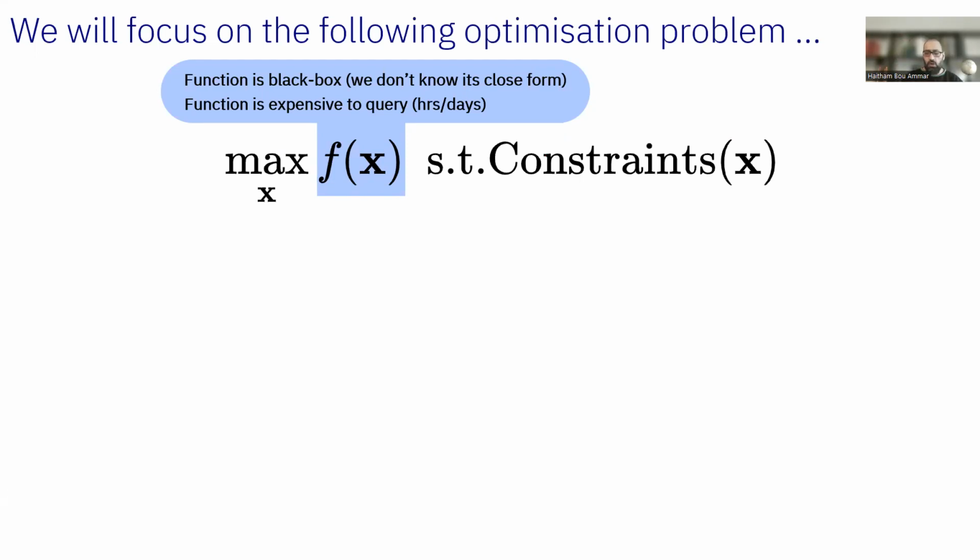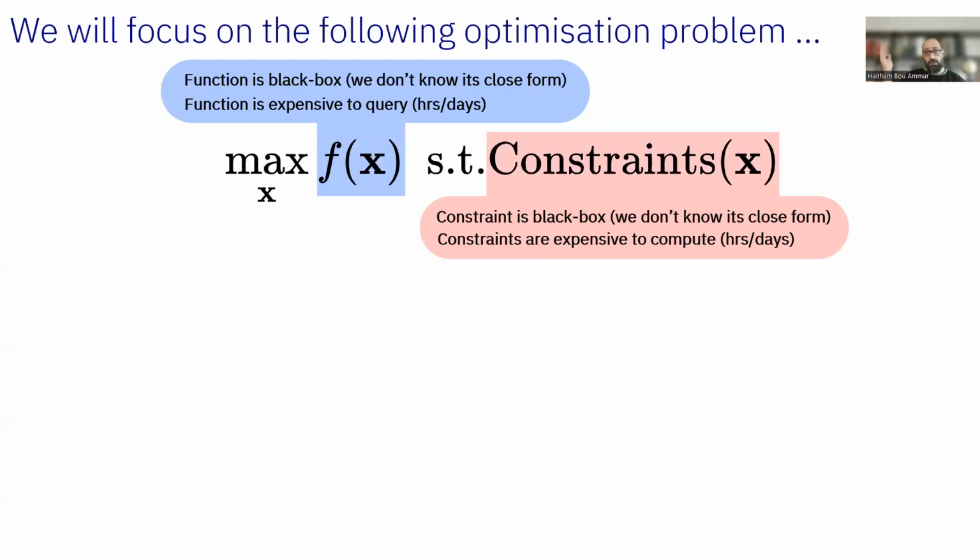So I can't really go around the standard machine learning way where I just collect tons of data about this function, because this function is very, very expensive to evaluate. And that also goes for the constraints. The constraints are black box and they are also expensive to evaluate.